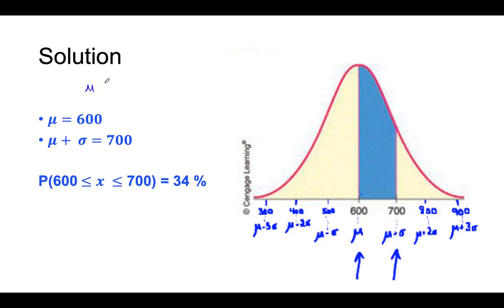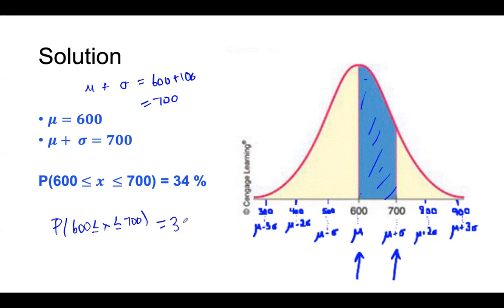So we have our mean plus our standard deviation, which is 600 plus 100, obviously 700. So the probability that 600 is less than or equal to x, less than or equal to 700 is just going to be 34%, because it's just that area underneath the curve.